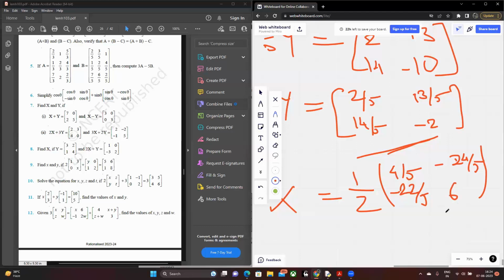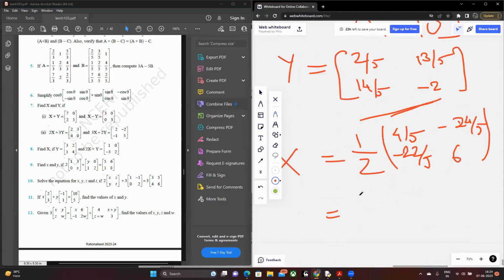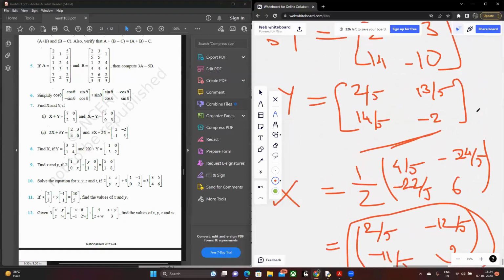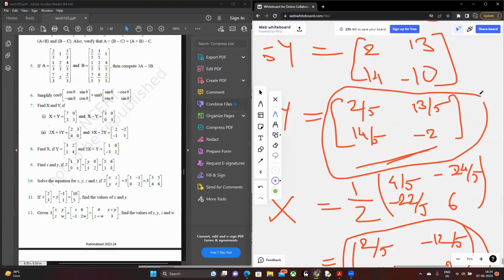So we're going to basically have this to be 2 by 5, this is going to be minus 12 by 5, this is going to be minus 11 by 5, and this is going to be plus 3. This is what is x.